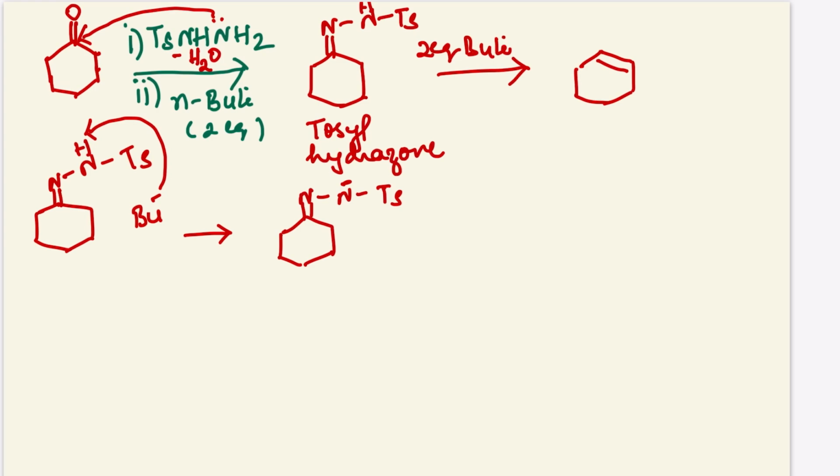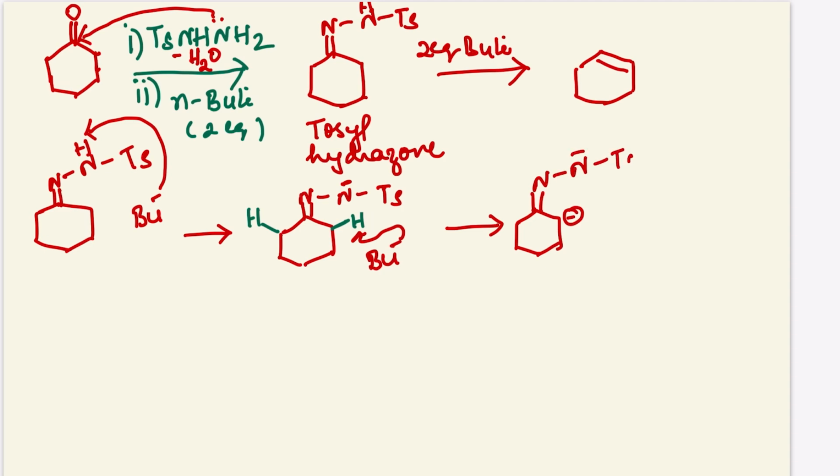On this compound there are two alpha hydrogens, and abstraction of either hydrogen gives the same product. The second mole of butyl lithium will abstract the alpha hydrogen and we get a carbanion intermediate.